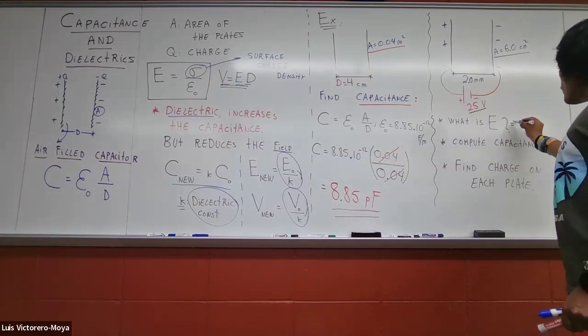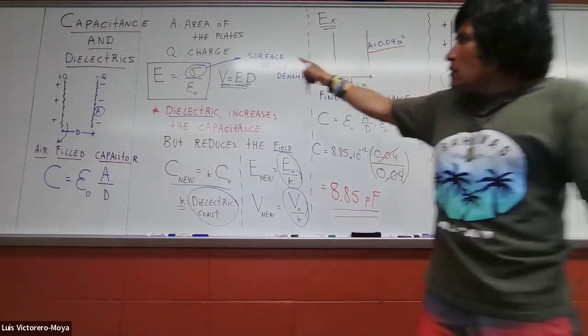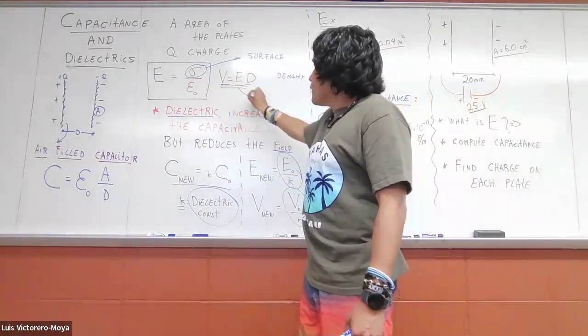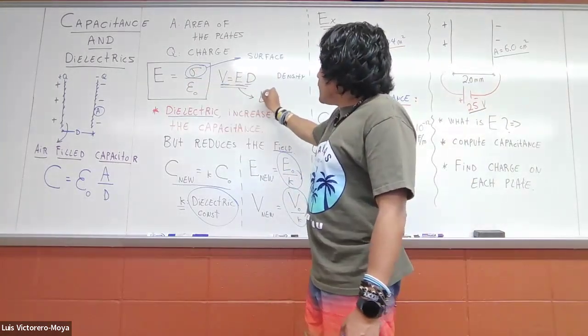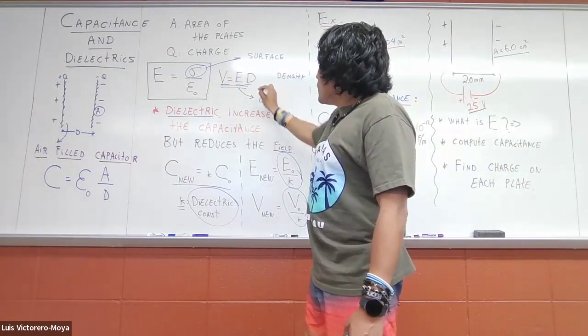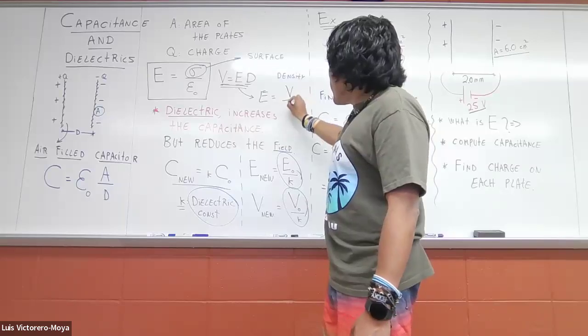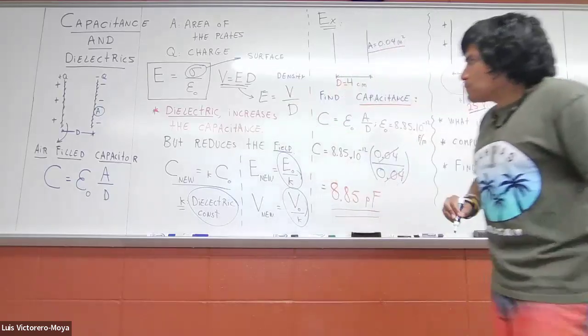So the electric field, you can use this equation, or here, the electric field is the voltage divided by the distance between the plates.